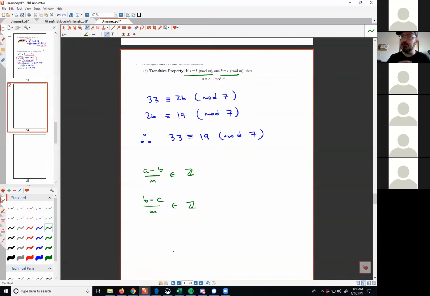Now, there's a property called closure. Have you guys heard of closure before? It's not that hard to explain. It's just a new word. We say that the integers are closed under addition because if we add any two integers, we necessarily get another integer.